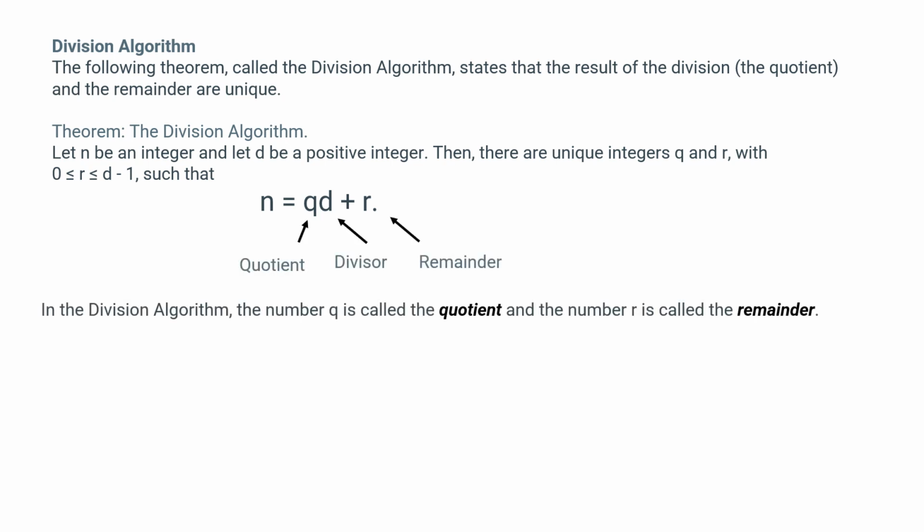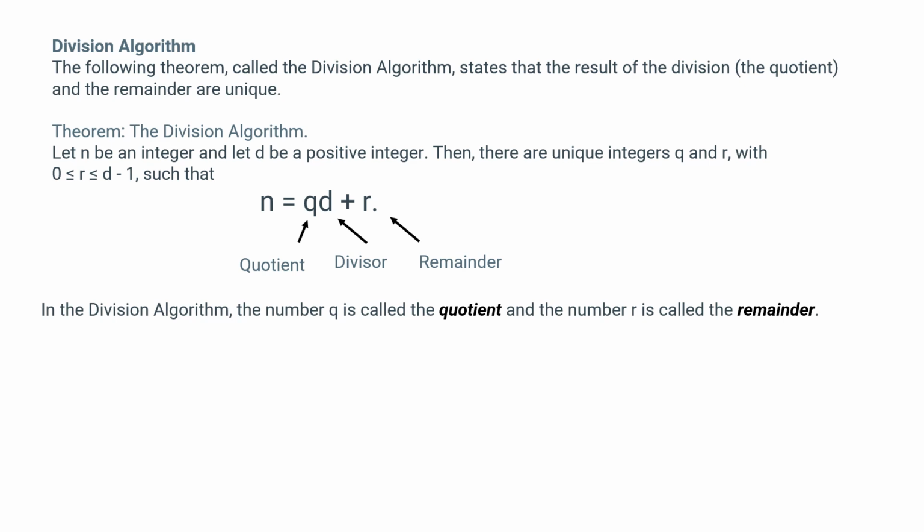Now remember, we're starting with the n and the d. And we're actually doing a division, taking n and dividing it by d. And this is saying what we could end up writing it as. If we do long division, it would be whatever the quotient is, times that divisor, plus the remainder.